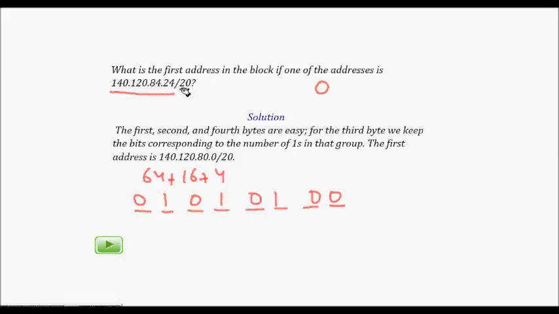With the last 20 bits, here we are making the last 4 bits 0, so the number is just 64 plus 16, so 80. So our network address is 140.120, these are all ones ANDed with 1, so they remain the same, 80.0. So this will be the first address, 140.120.80.0.